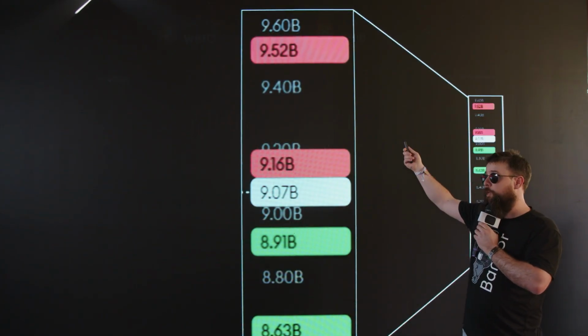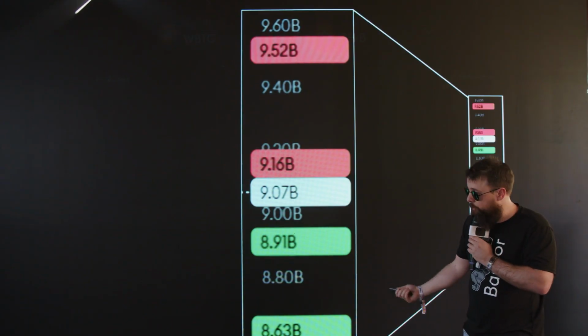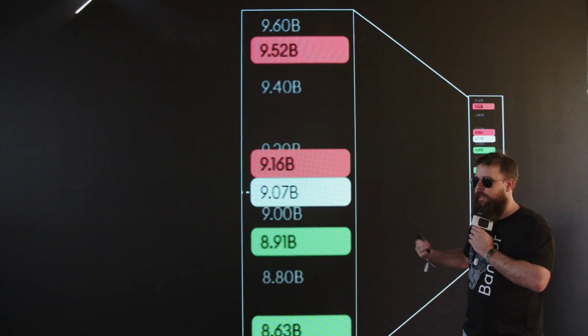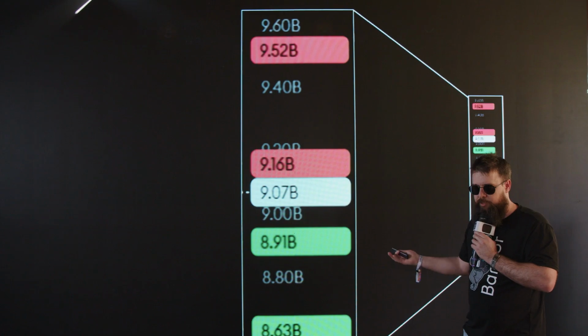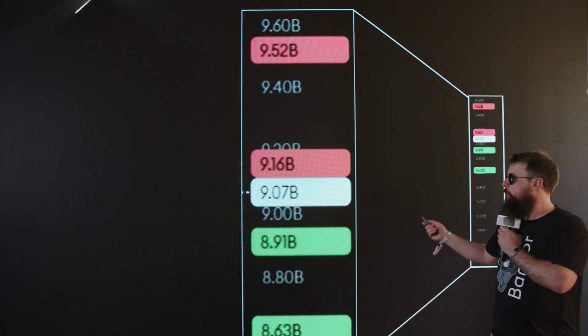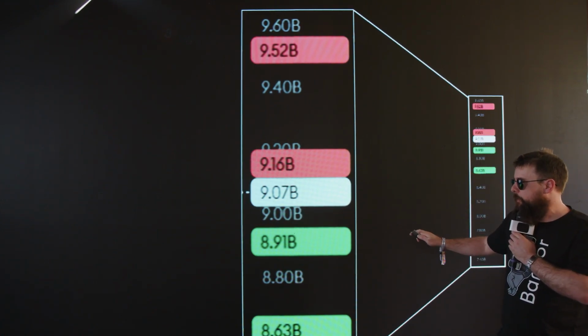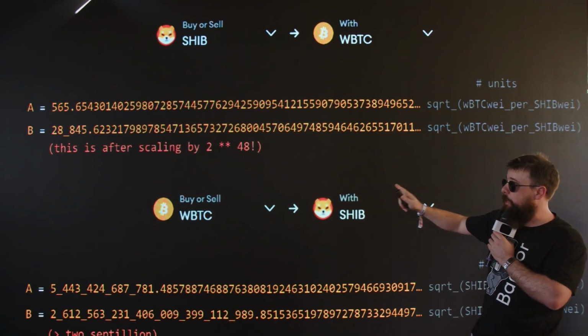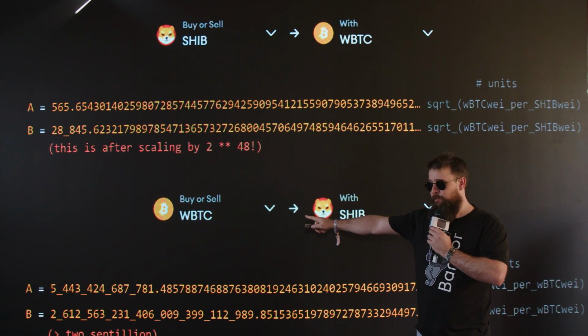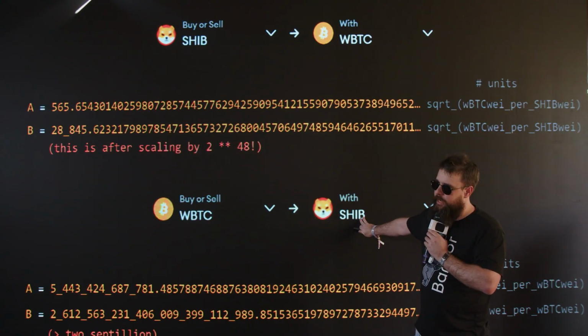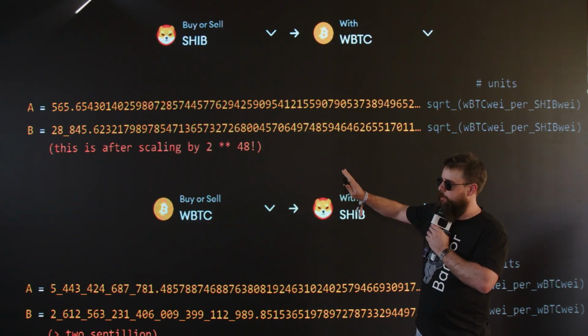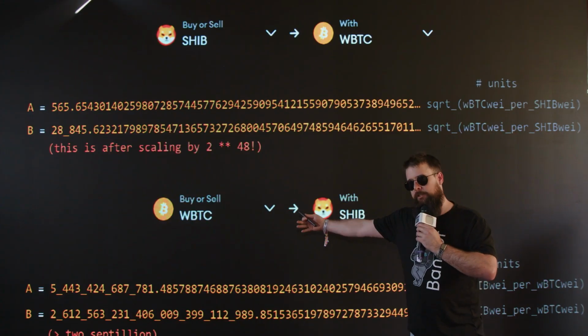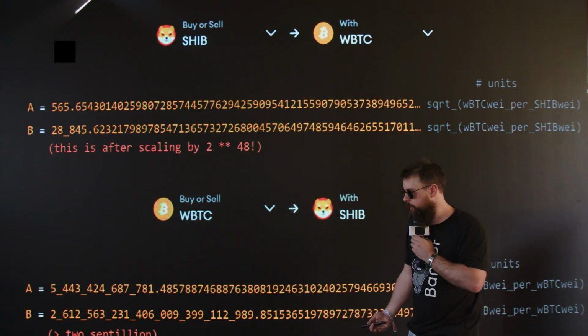So if you're trading Shiba Inu for a Bitcoin, the price that you would quote is about 9 billion something Shiba Inu per Bitcoin. You'd think that would be bad enough, but because of the decimality difference between wrapped Bitcoin, which is an 8 decimal token, and Shiba Inu, which is an 18 decimal token, it's actually that times 10 to the 10.